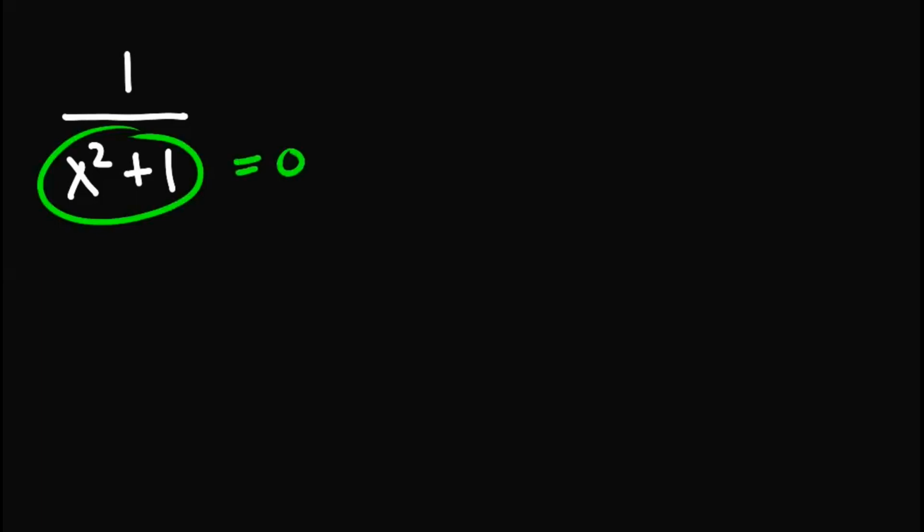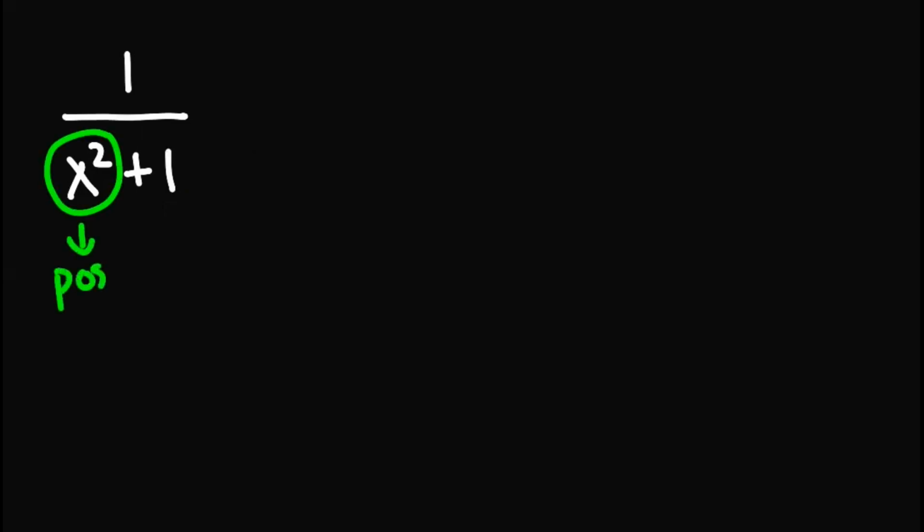Finally, let's have 1 over x squared plus 1. Now this one is quite tricky, but intuitively, let's think about when this denominator will be equal to 0. Well, take note that when we square a number, the outcome is always positive.